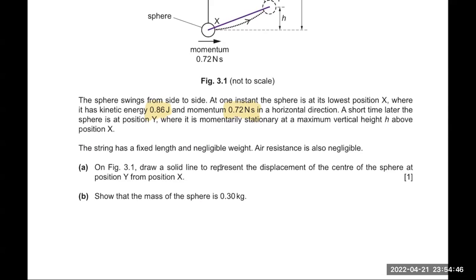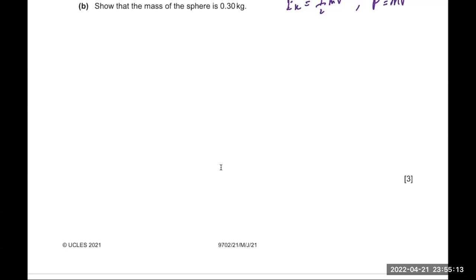Now, they've given you the kinetic energy. They have also given you the momentum. You may either use EK is equal to half mv squared, P is equal to mv. Use the two equations, form two simultaneous equations, and solve for m.